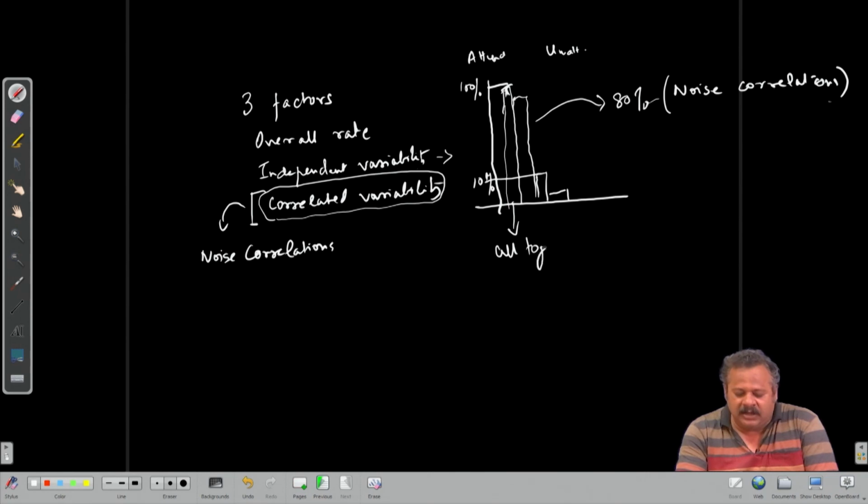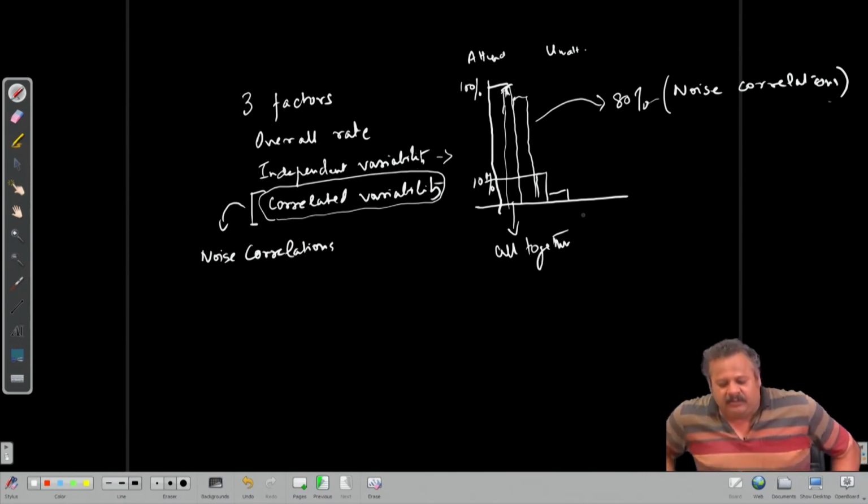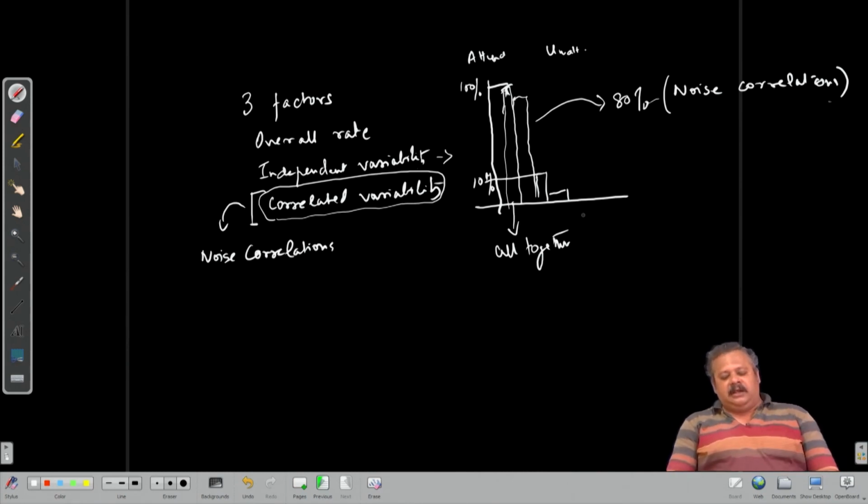When all factors are incorporated together, that is the true data, and the performance gain that is calculated is nearly what is actually observed. 80% of it is based on noise correlations and very small amounts are based on simply rate changes and independent variability.